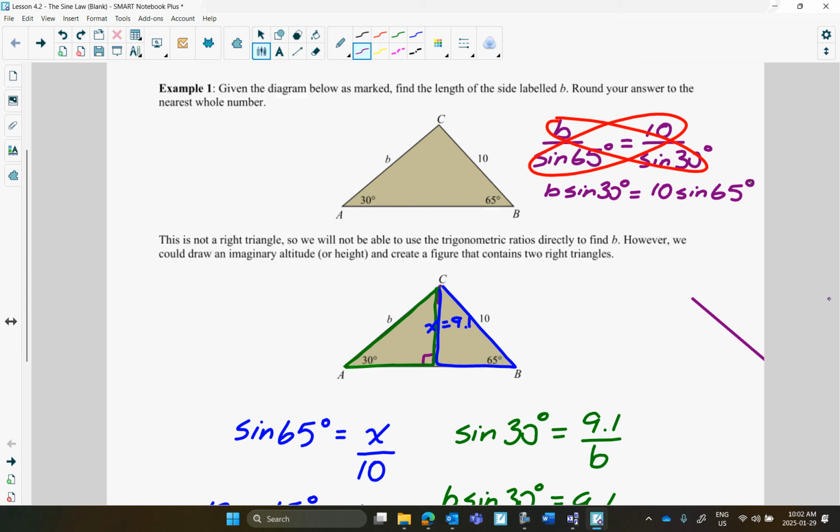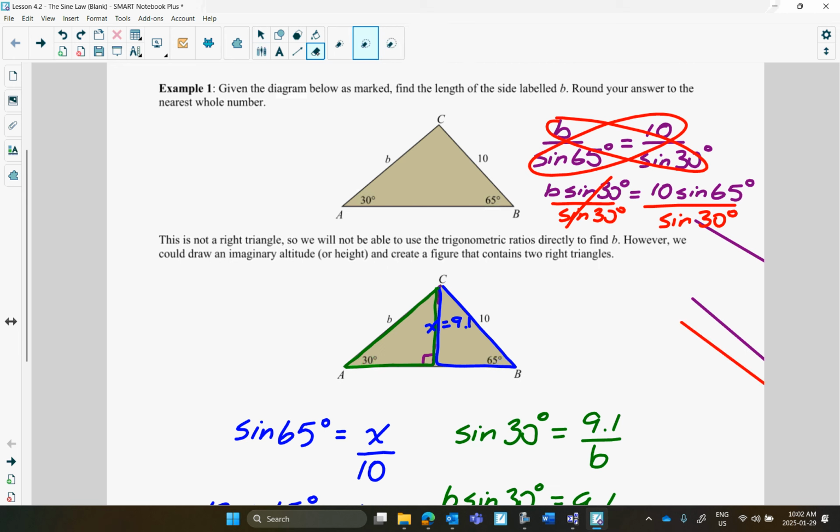And how do we get b by itself? Well, we got to divide by sine 30. So that means b is going to be 10 times the sine of 65, and then divide that by the sine of 30.